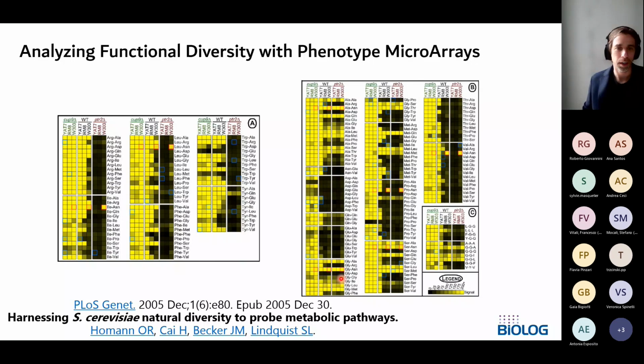These are very good papers. This one is almost 20 years old, but it still stands strong for how good the characterization was, made in Saccharomyces cerevisiae natural diversity strains, which were analyzed for dipeptides. Dipeptides are really important in yeast. They dictate how carbon and nitrogen at the same time can enter the cell. The transporters are very different depending on where the yeast is coming from.